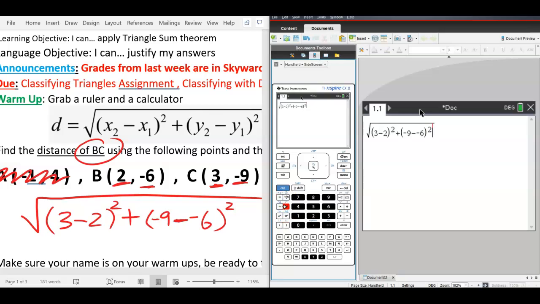If you can type it in correctly, then you should get 3.16. That's your distance from B to C.